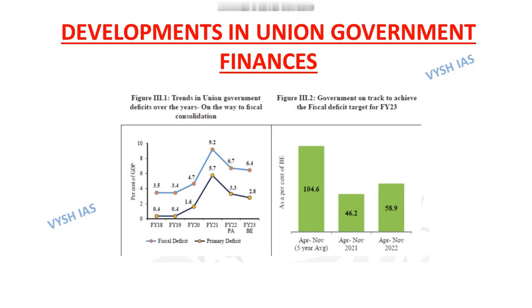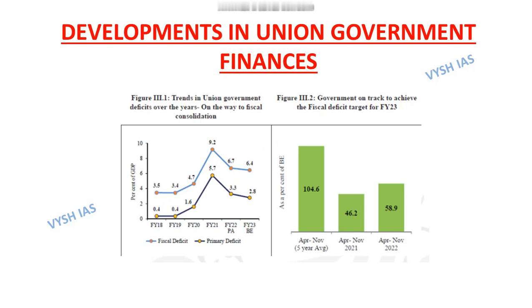But if the statement is that from financial year 18 to financial year 23 fiscal deficit is constantly increasing, or constantly decreasing, both statements will be false. But if the statement is that from financial year 21 to financial year 23 fiscal deficit is decreasing, then the statement is true. Now move on to the primary deficit, which is the purple line graph.